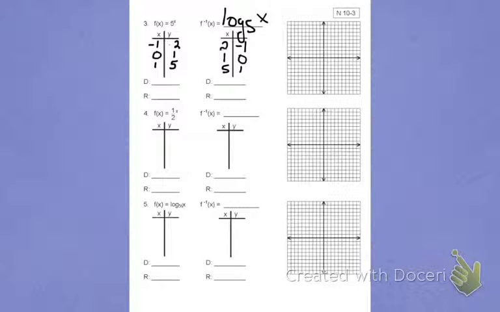We look at the graph, put our line in. If we do our log function first, we have 1, 0, and 5, 1.